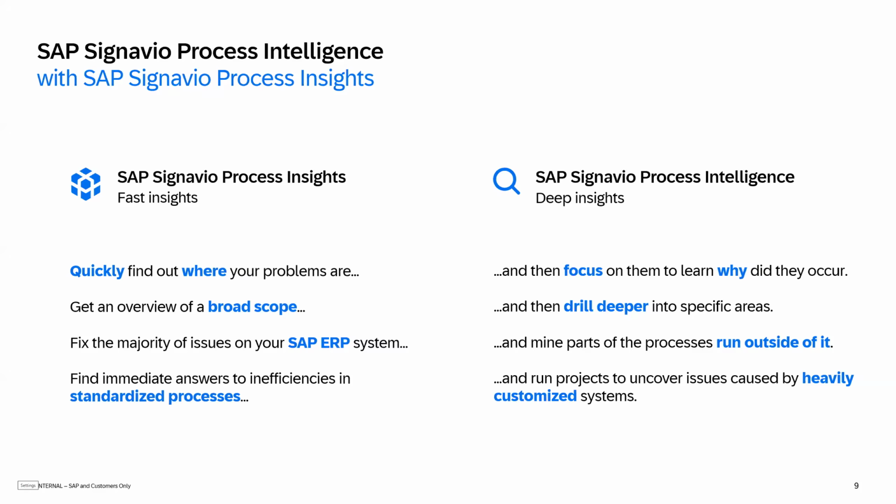The other difference is process insights will only take SAP data, so data from SAP systems like ERP and S/4HANA and Ariba, whereas process intelligence can take it from SAP and also other sources, multiple different sources. It just has to be transformed into a usable format, and then you can upload it into process intelligence. So that's another advantage.